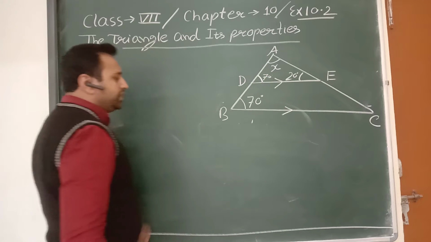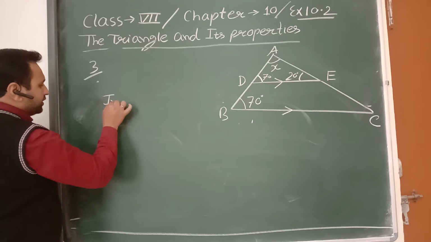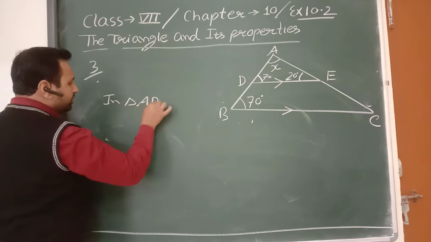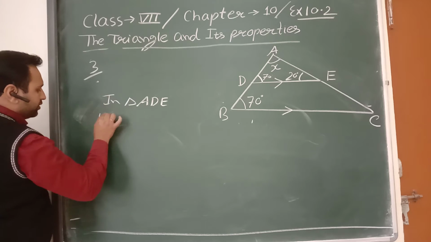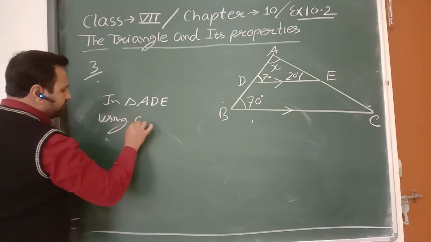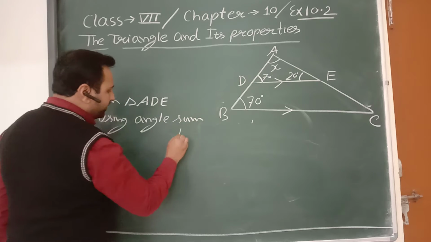Now find x using the angle sum property. In triangle ADE we can use the angle sum property.